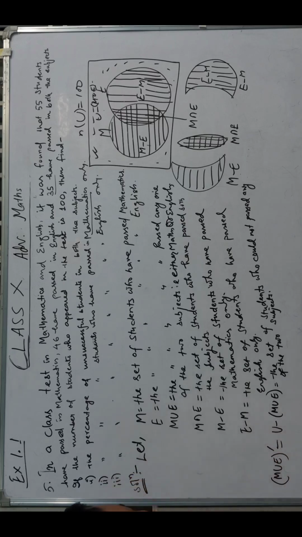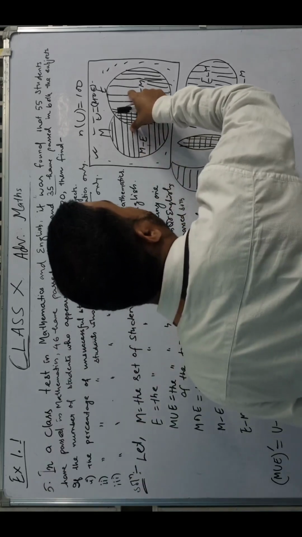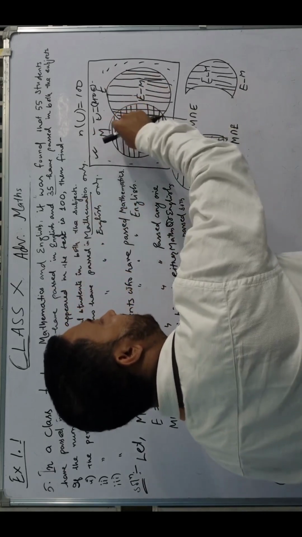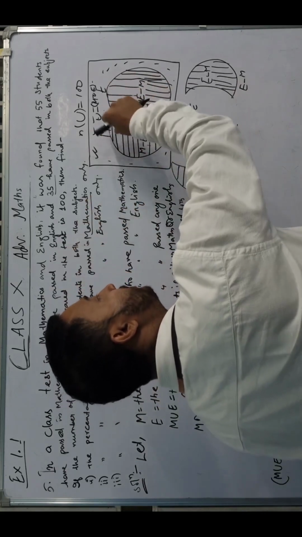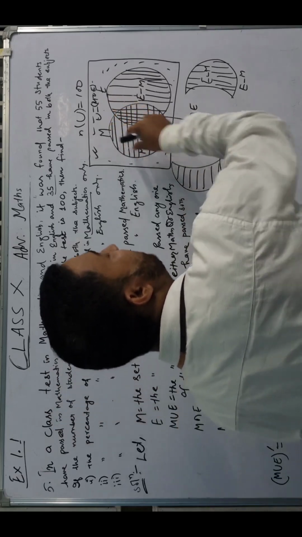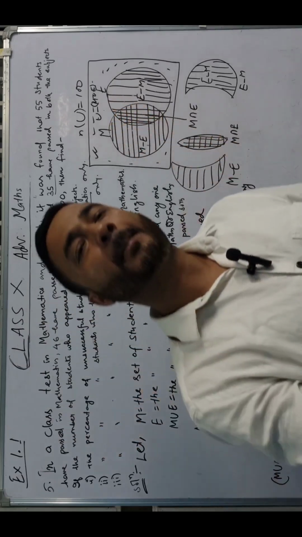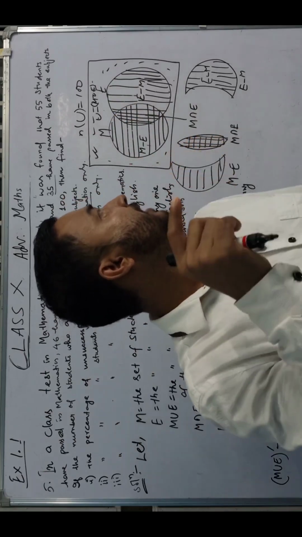U difference M union E, or I can write it as M union E complement. The same thing. M union E complement means the students who are not in the set M union E, means not participating in these two sets, which means they are not able to pass the two subjects.